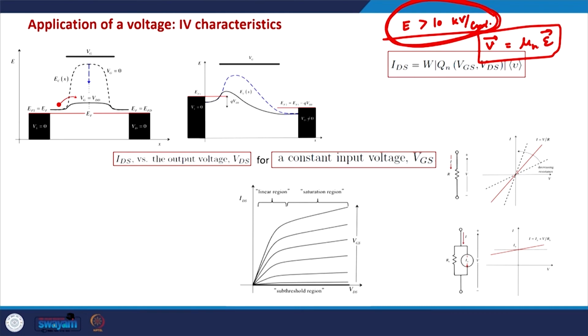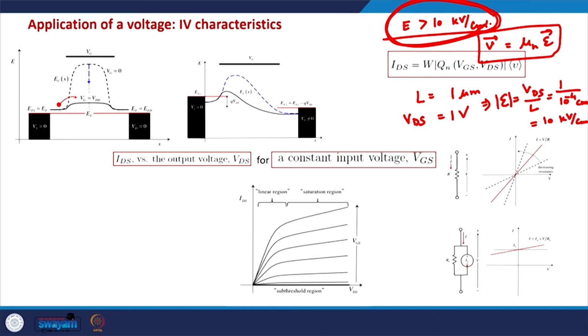In MOSFETs, if the channel length of the MOSFET is 1 micrometer, and the VDS that we are applying is around 1 volt, then the electric field in the channel will be VDS by L, which is 1 divided by 10 to the power minus 4 centimeter, around 10 kilovolt per centimeter.